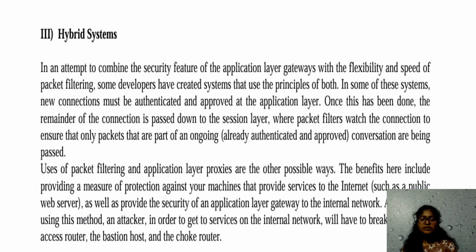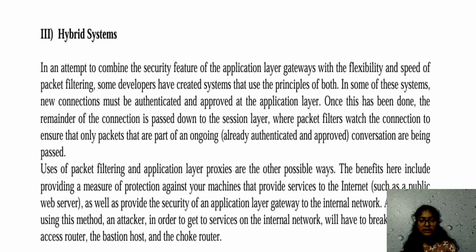Coming to the hybrid systems in the firewall, in an attempt to combine the security features of the application layer gateway with the flexibility and the speed of packet filtering, we developed the hybrid system, which has the principles of both. In some of the systems, new connections must be authenticated and approved at the application level.